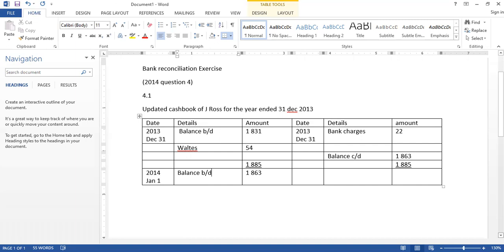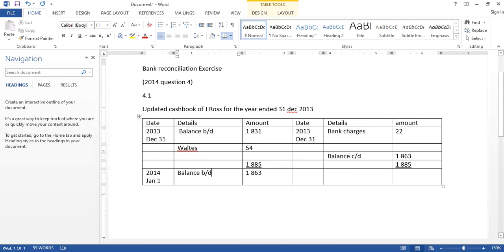If you feel like you're confused and don't know which sides to compare, you look at the amount. You can already tell that I have 88 on the debit side of the cash book and 88 on the credit side of the bank statement. So I have to compare these two sides.